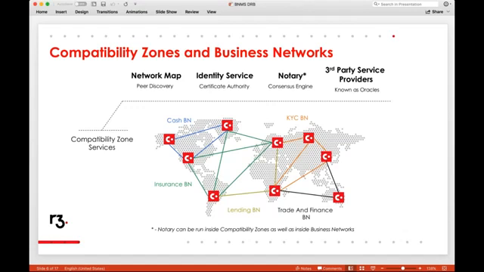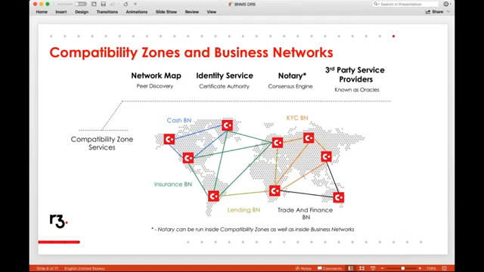So the notary can be run at the compatibility zone level as well as at the business network level, and we will talk about this further maybe later on. Also, the compatibility zone can contain some third-party service providers, which are known as oracles. Does it all make sense? Any questions around that?